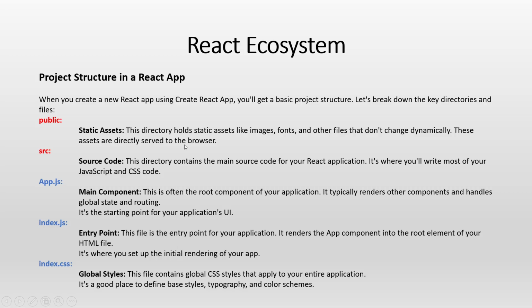So this static element holds images, fonts, and other files, along with one HTML file, the main thing, and I think one CSS file. I will show these inside our React app, so no need to worry.